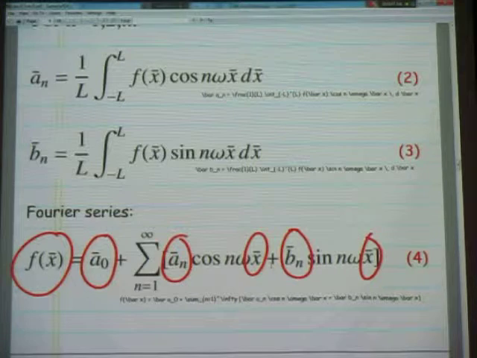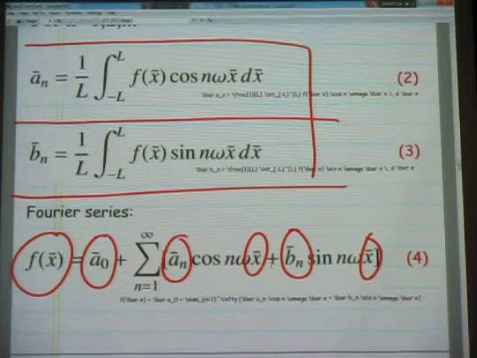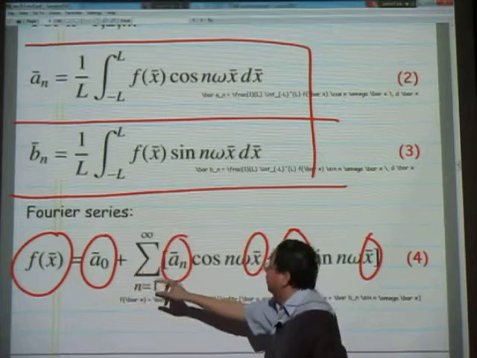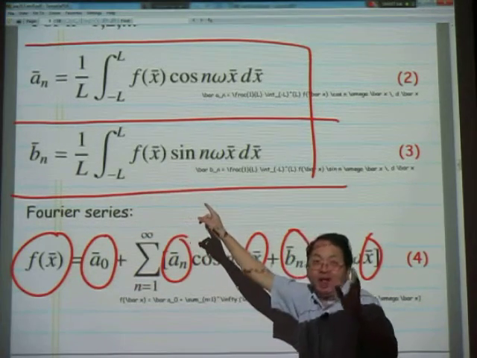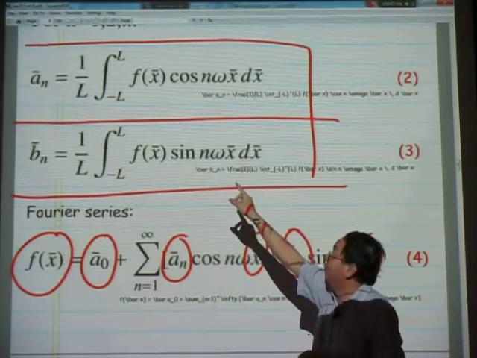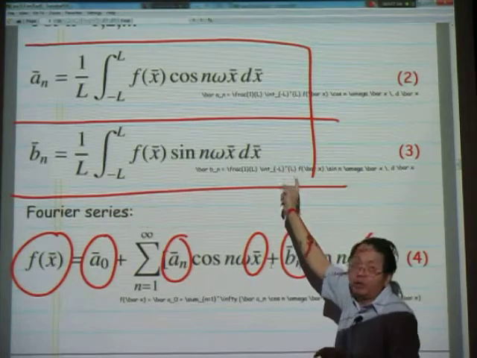Now, these are the formulas here. Let's look at a bar n and b bar n, right? And then we look at a bar 0 later. So a bar n, you see it's 1 over L, and L is half the period, integral from minus L to L of f of x bar cosine of n omega x bar.